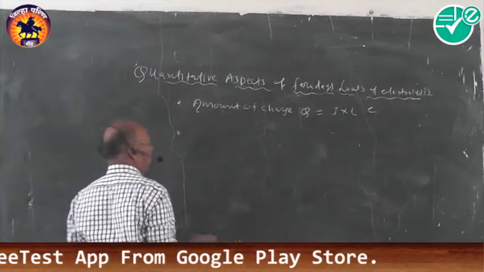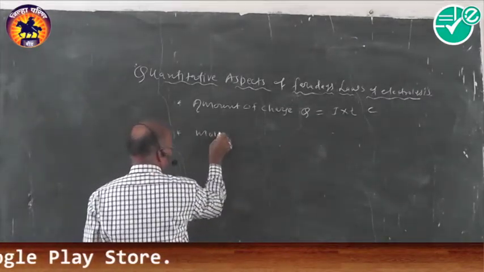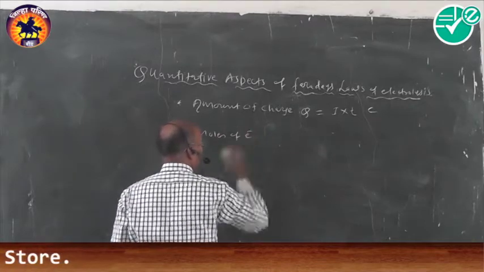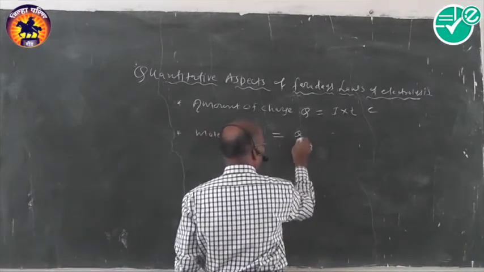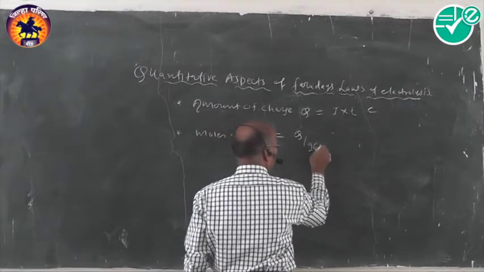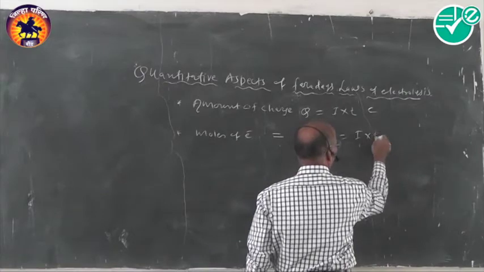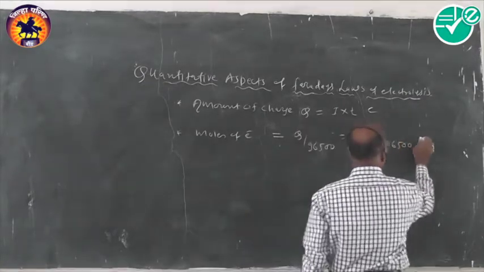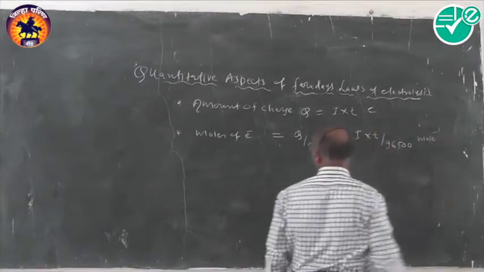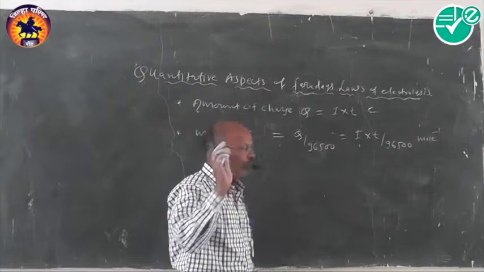Second, we have to work out the moles of electrons. Moles of electrons from the given charge is equal to Q divided by 96,500, or I into T divided by 96,500 per mole.